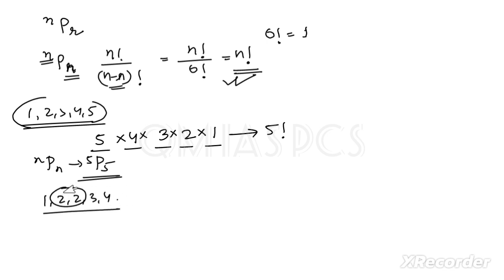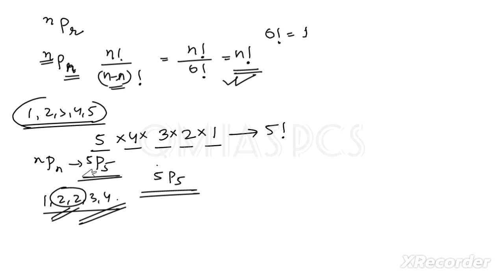So what if there are identical numbers or identical objects? In that case, it will be whatever numbers we have to take. For example, if we have to take all the numbers, that's fine. But here there is a repetition.